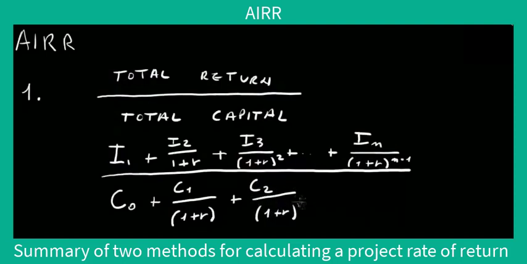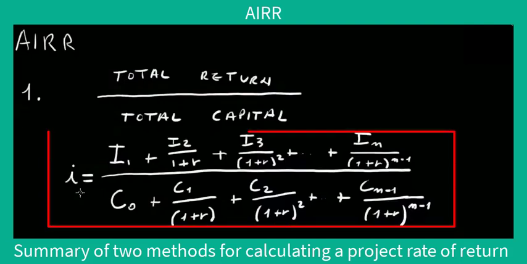This is discounted by 2 periods, and so on until the last capital C of n minus 1 is discounted by n minus 1 periods. This is the first framing for the average internal rate of return.